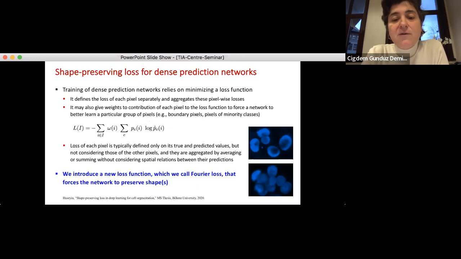It is also very common to aggregate the pixel-wise losses by averaging or summing without considering spatial relations between the predictions of different pixels.